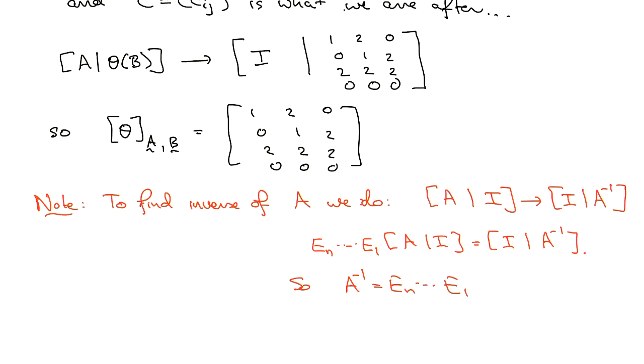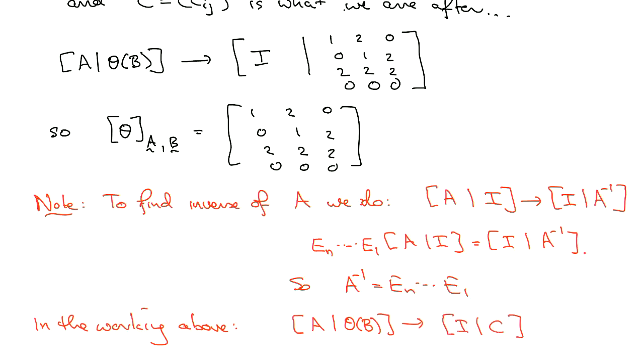The process of doing the row reduction is just multiplying by the inverse. So in summary, in the working above, we row reduced A with this matrix theta B down to the identity, and we got C.